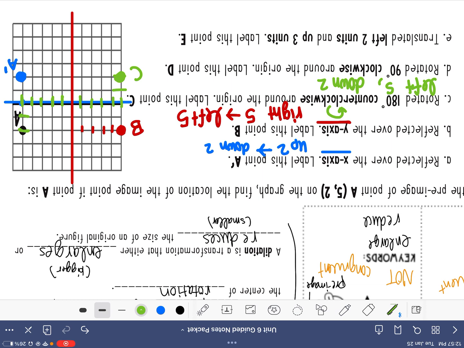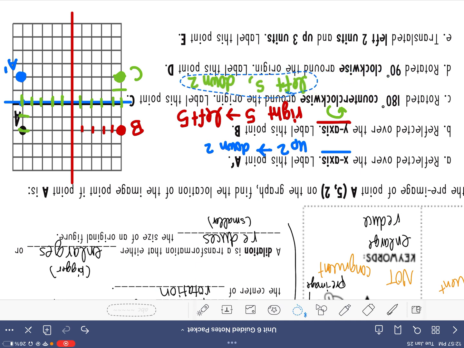So this time, we are going to rotate 90 degrees clockwise. Okay. So remember, clockwise is this way, and 90 degrees is only once. So I want you to turn your paper to the right, okay? Turn your paper to the right, and then from your origin, count your directions. So we're going to go right 2, and down 1, 2, 3, 4, 5.